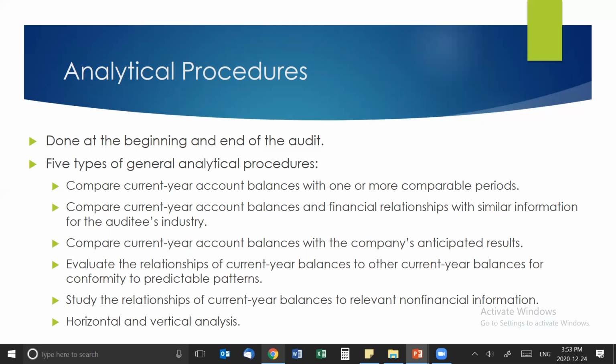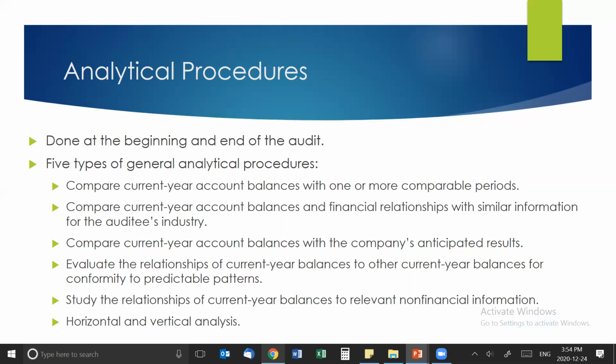Look at the account balances of the company you're auditing versus their competition. If something's really out there, you would have to question it and get more audit evidence. Compare current year account balances with the company's anticipated results. Look at budget versus actual, and why there was such a variance.